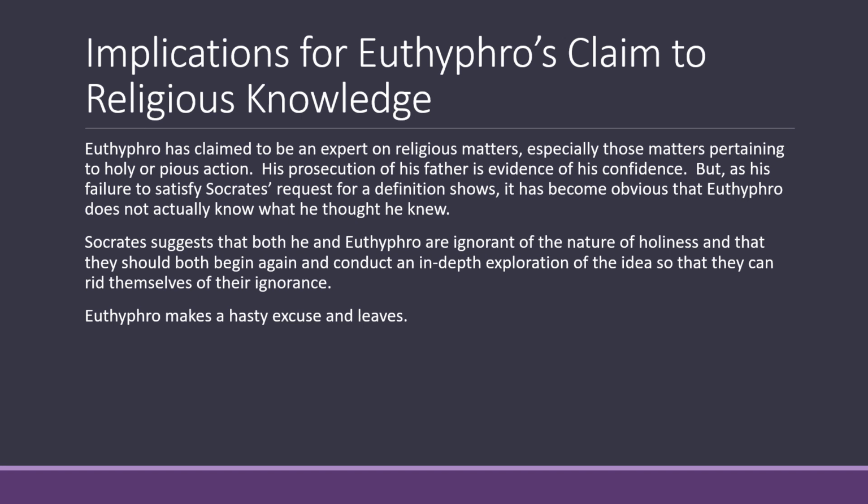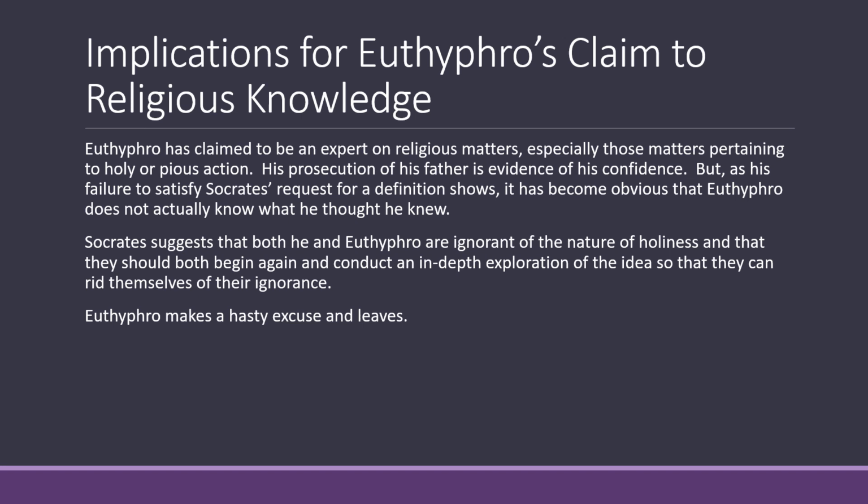Unfortunately, as the encounter with Socrates brings out, he can't actually know what is holy or pious because he can't say what holiness is. He has no idea what holiness or piety mean, and therefore it might be the case that his prosecution is unjustified. It's not something he should be so utterly confident about.